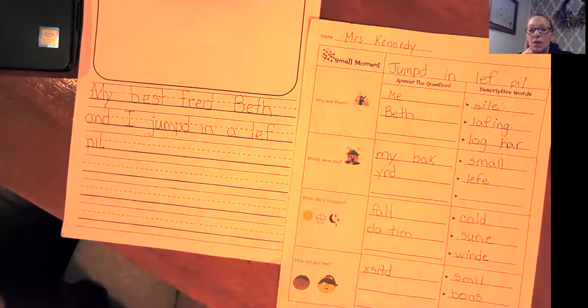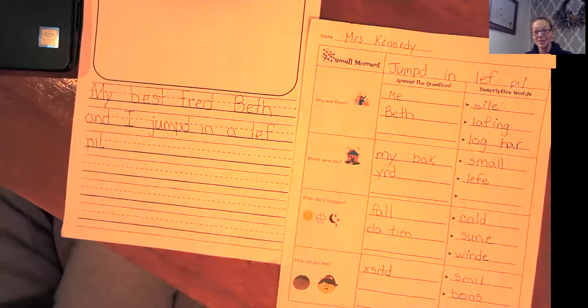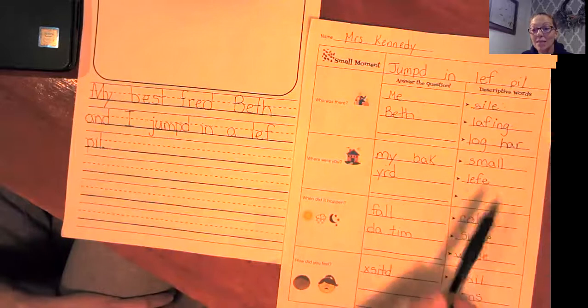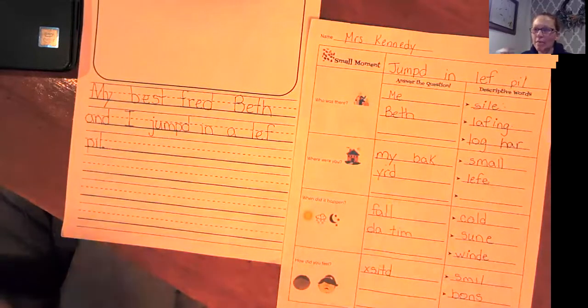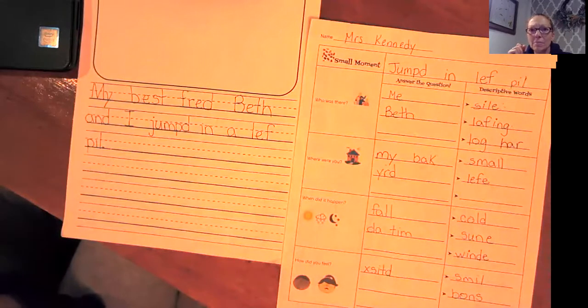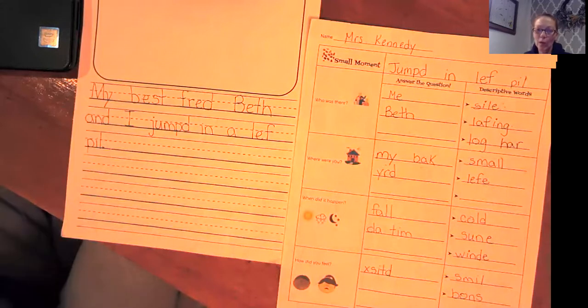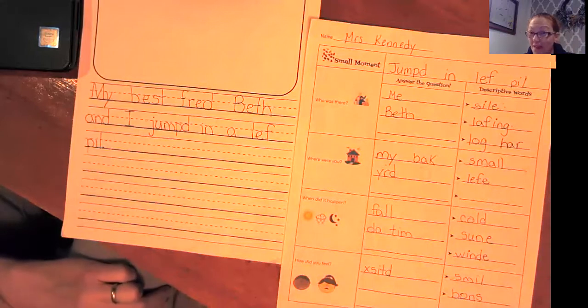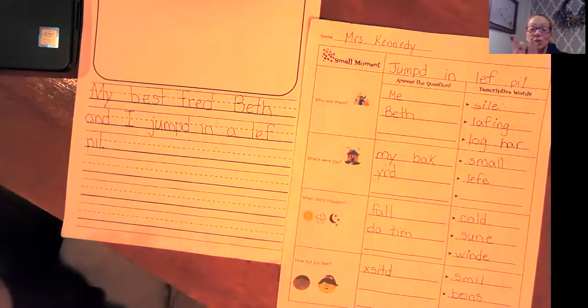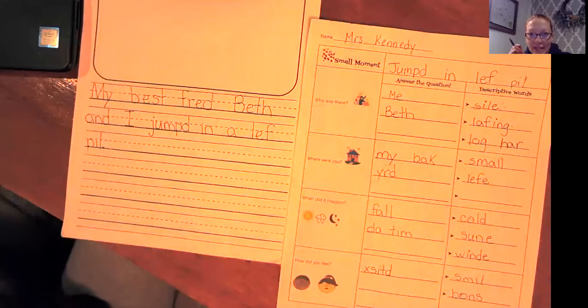We were in my small and leafy backyard. I'm going to say it again so I remember it. Another long one. Are you ready? We. Power word. Underneath, if you have that personal word wall, what letter is it going to be under?